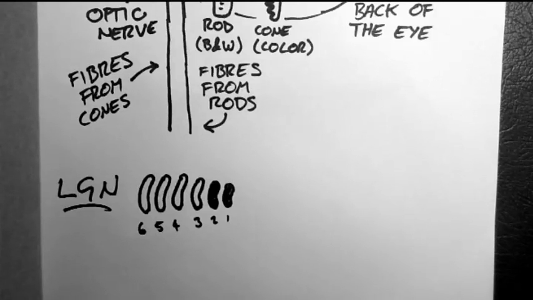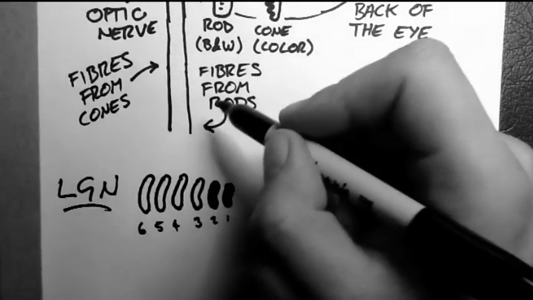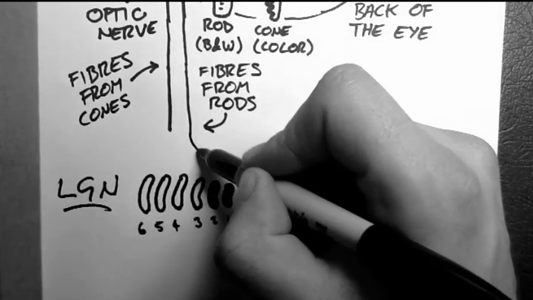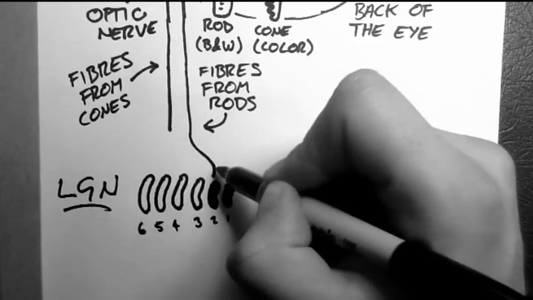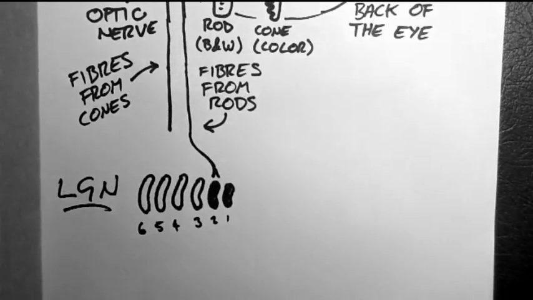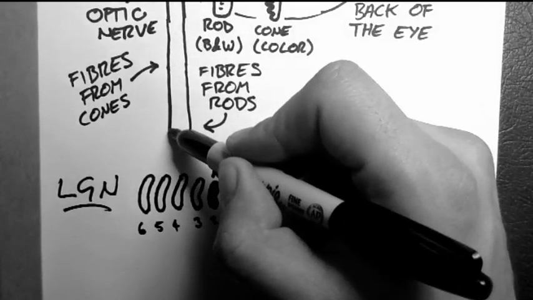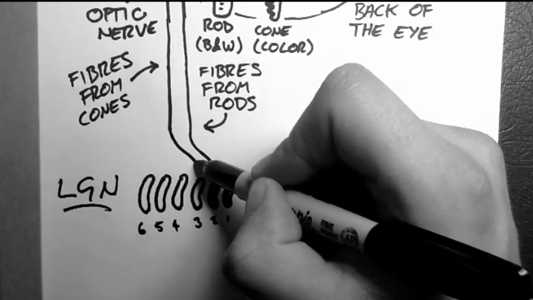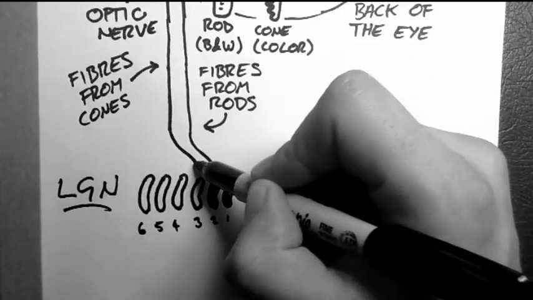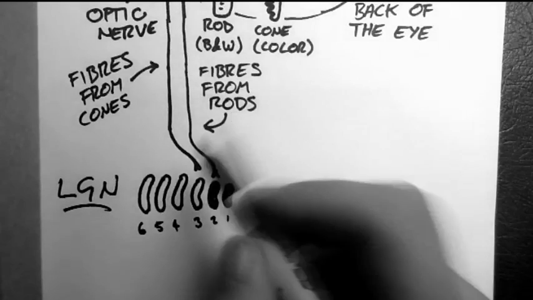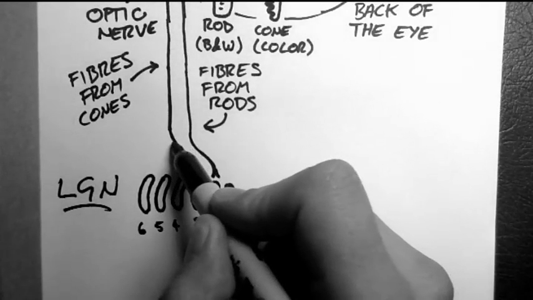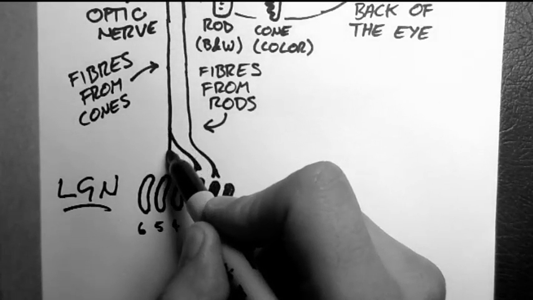Fibres from rods synapse on layers 1 or 2. The ones from the ipsilateral eye, or the eye from the same side, synapse on layer 2. Fibres from cones can synapse on the other 4. Ones from the ipsilateral side synapse onto layers 3 and 5.